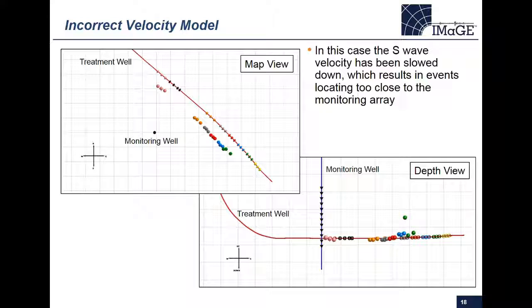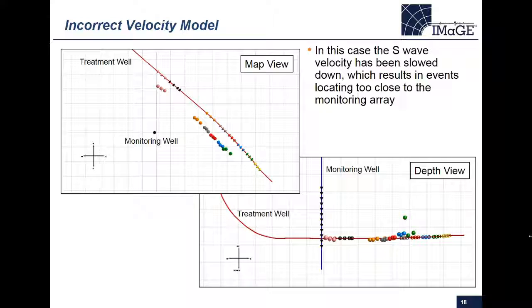Now, the depth for this scenario will be really constrained by our vertical monitoring well, especially since it's straddling the treatment formation. So our depth will be constrained by the arrival of any waves. Here you'd expect the first arrival to be about the second or third sensor from the bottom, and no matter what you do to your velocity model, that will still constrain your depth to an extent.